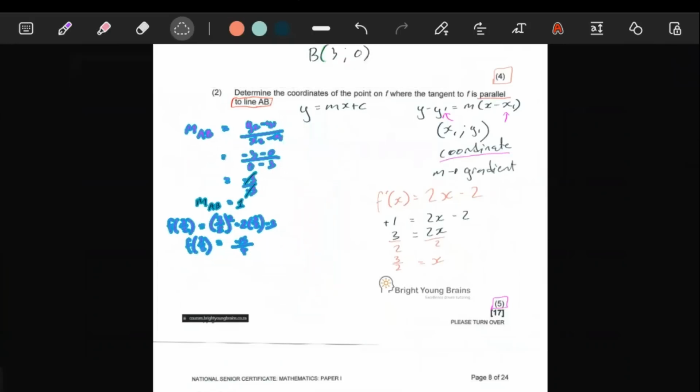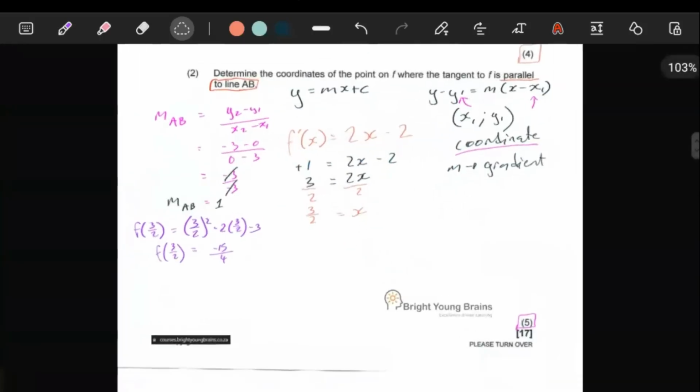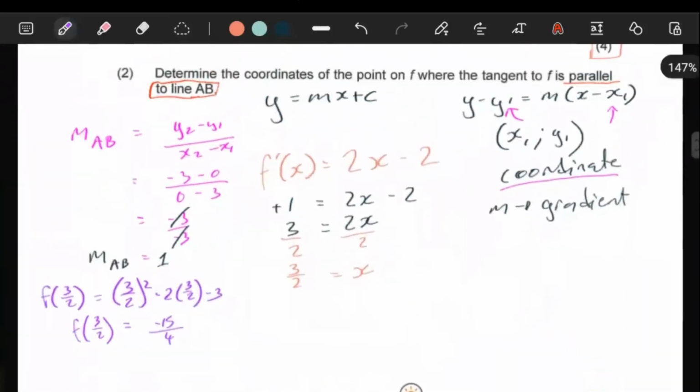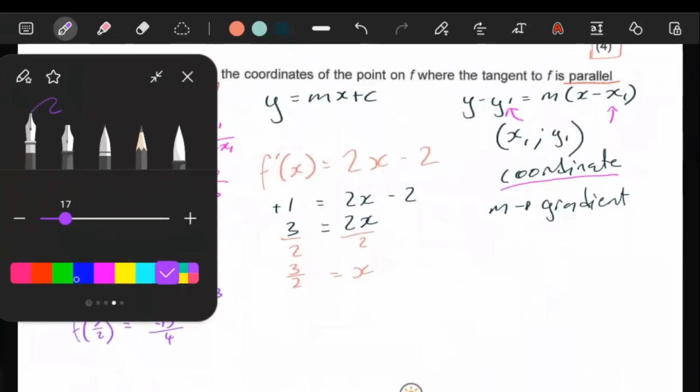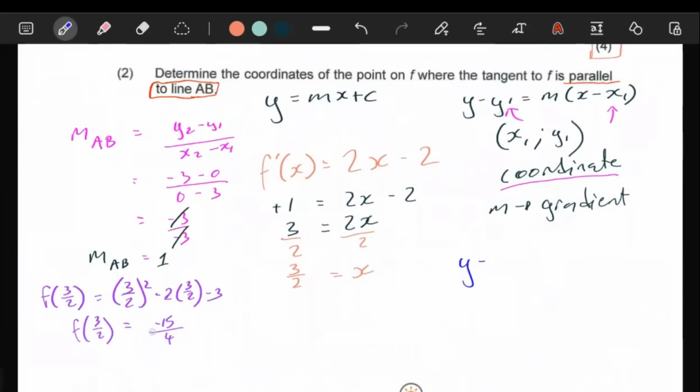So all this information being said, we can now make use of our equation over here to get the y-intercept of our graph. So from here, we can say y minus the y value, meaning with plus. And then here, gradient is a 1, remember? X minus x1 is just 3/2. Let's simplify. This is just going to be x minus 3/2.